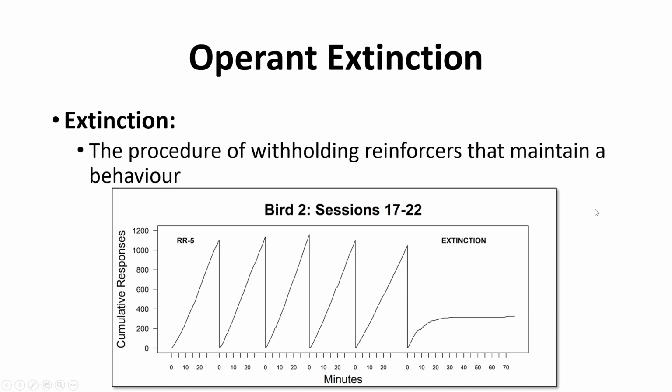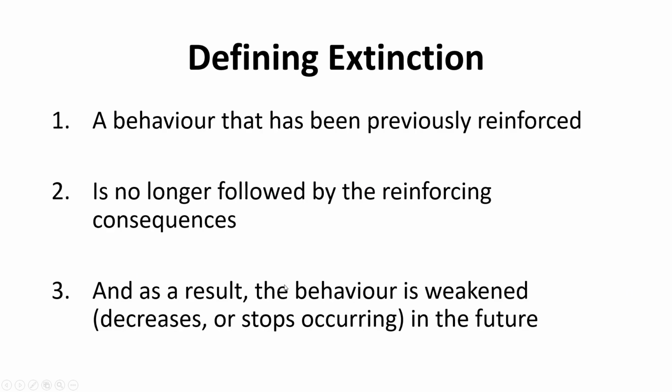So let's look more in depth into how we can talk about extinction. In order to see extinction, we're looking at a behavior that has been previously reinforced, something where there was some kind of operant conditioning going on in the beginning. Maybe a bird has been reinforced to peck a particular key, or a rat to press a lever, with food or something good like that.